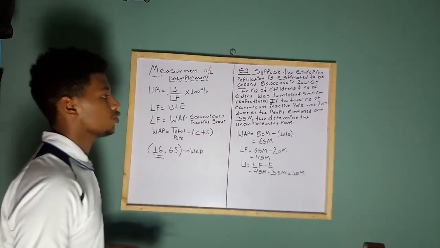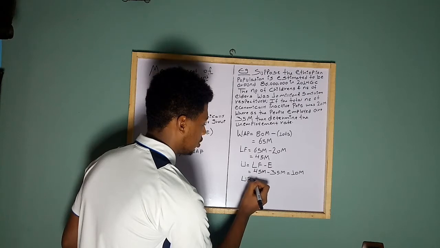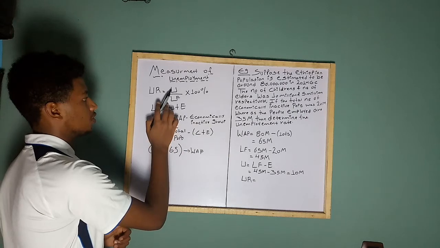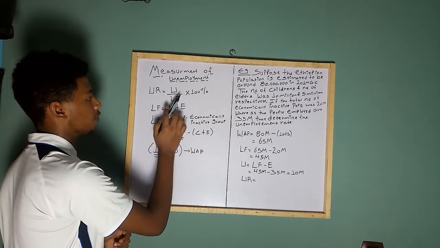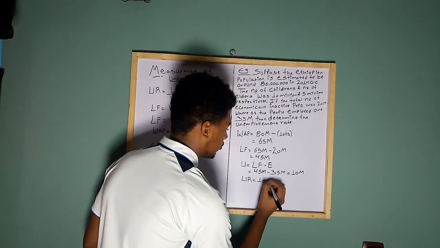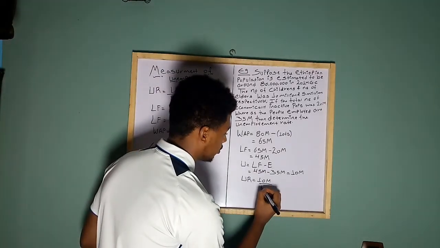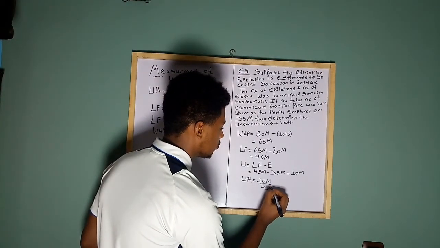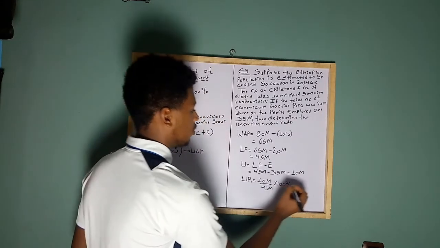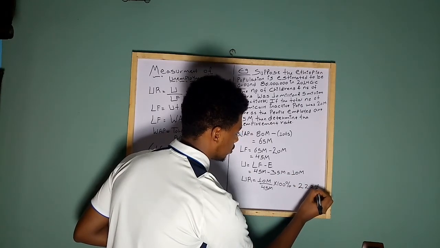The last thing that we are going to calculate is the unemployment rate. Unemployment rate is calculated as unemployment divided by labor force, multiplied by 100%. The unemployed is 10 million divided by the labor force, 45 million, multiplied by 100%. Therefore, the result would be 22.2%.